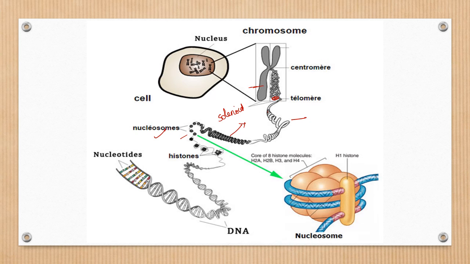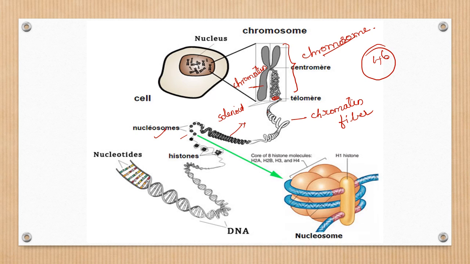The solenoid forms the chromatin fiber, the chromatin fiber forms a chromatin, and this chromatin forms a chromosome. So in a human cell, the DNA is packed in 46 chromosomes.